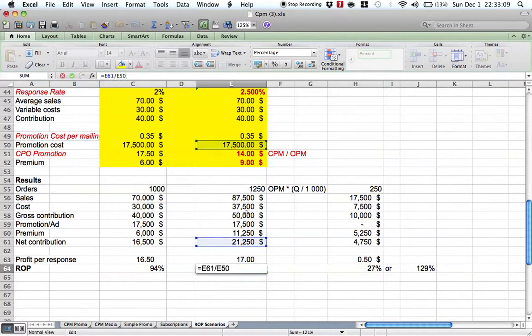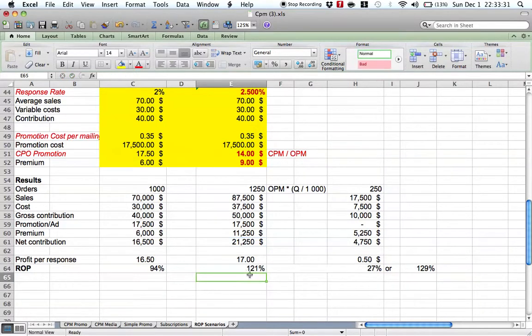And we get that number by taking the net contribution divided by the actual cost. So this number is lower than the cost. That's why we only have a 94% return on promotion, whereas this number is greater than our cost. We have the same cost, just a different subject line, and that's why we have well over double our return on promotion.